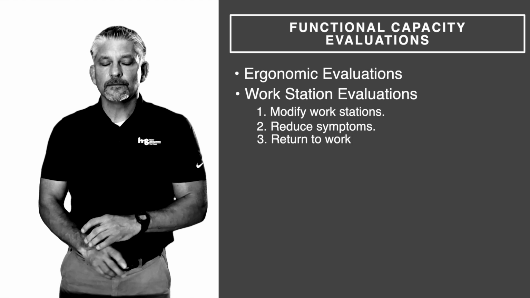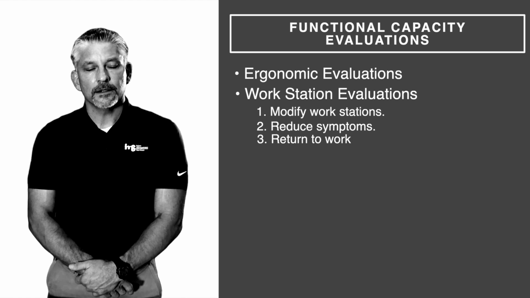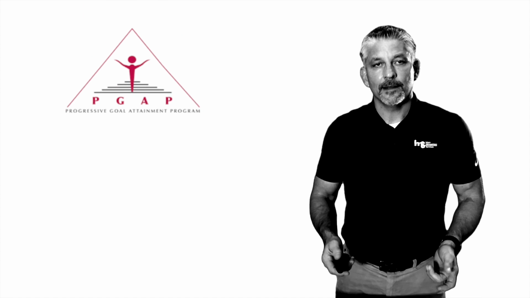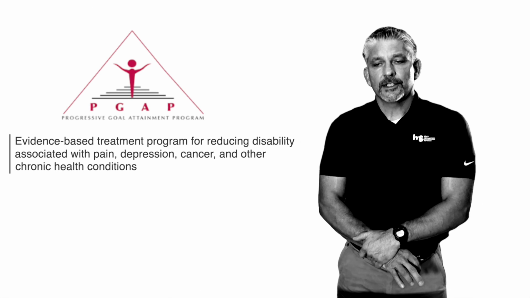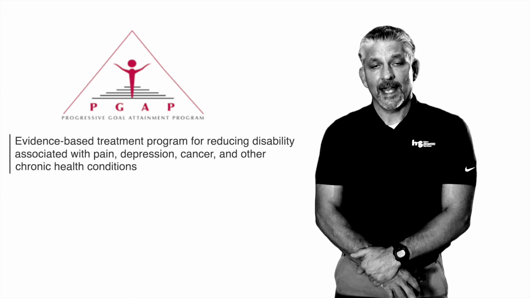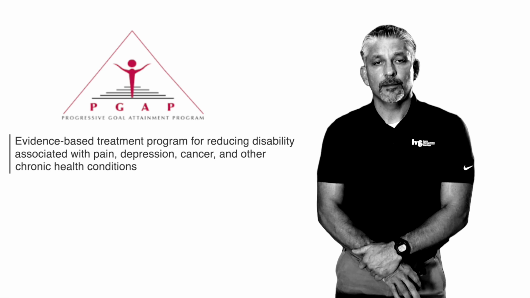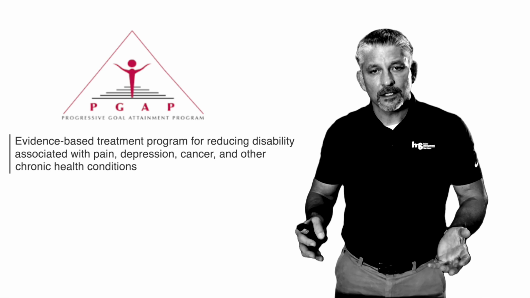And again, I'm excited about this. I was just certified this year in it, and I'm so excited about the philosophy behind this. But there is activity coaching through PGAP, which addresses the fact that some people psychologically do not handle pain as well as other people. They call them catastrophizers.